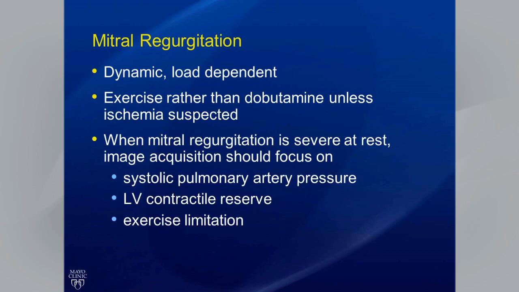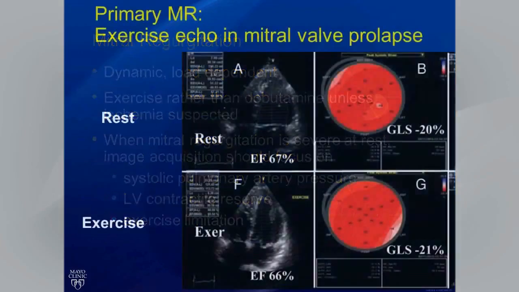When mitral regurgitation is already severe at rest, our image acquisition should focus on systolic pulmonary artery pressure, left ventricular contractile reserve, and exercise limitation. With mitral regurgitation severe at rest, it's not important to redocument that it's severe with stress.